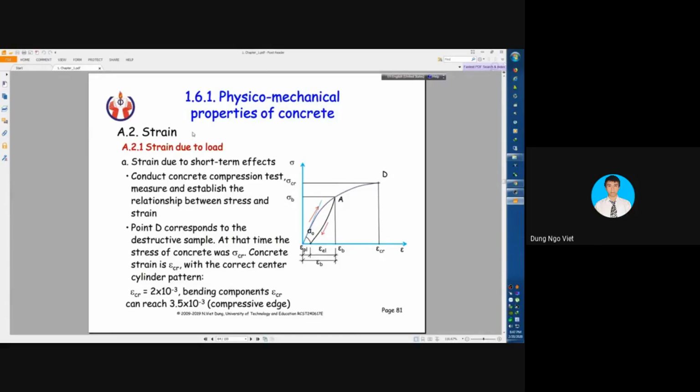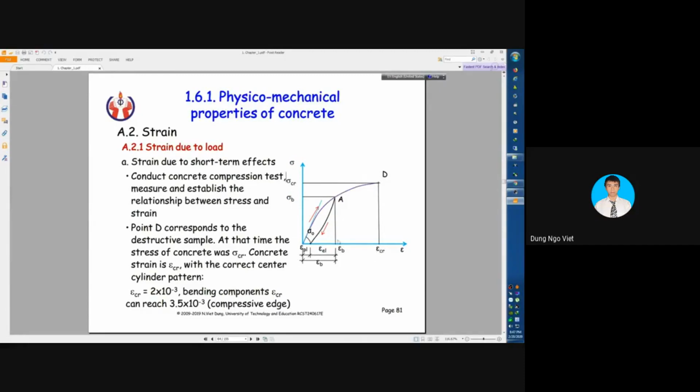And next we study one term of the physical and mechanical properties of concrete. This is the strength. For example, when we apply the load to the concrete sample, in the concrete sample we will have stress, and sigma is the concrete stress, and epsilon is the strain.